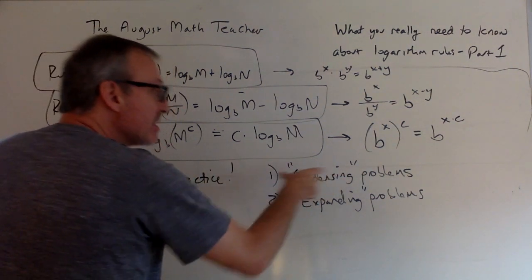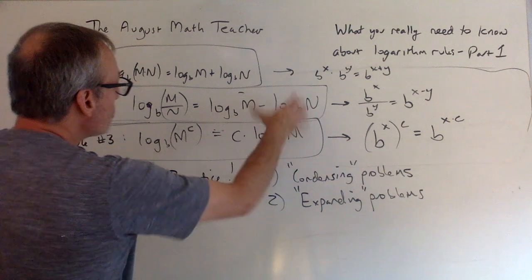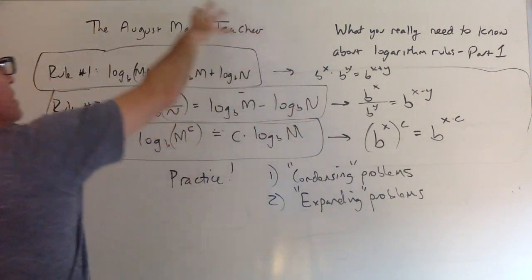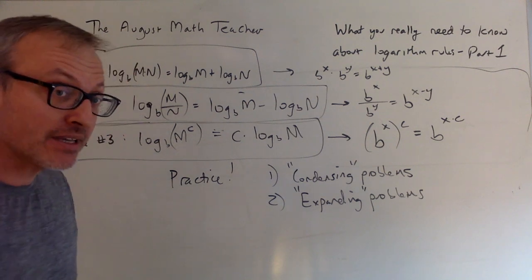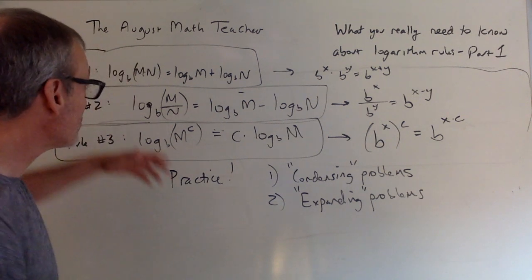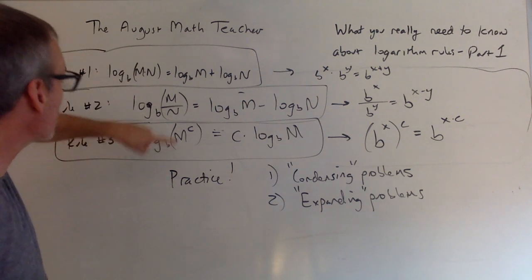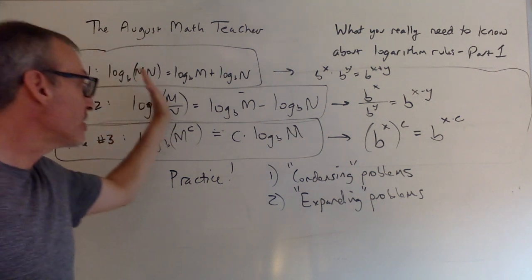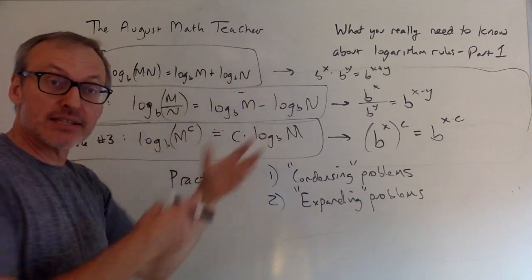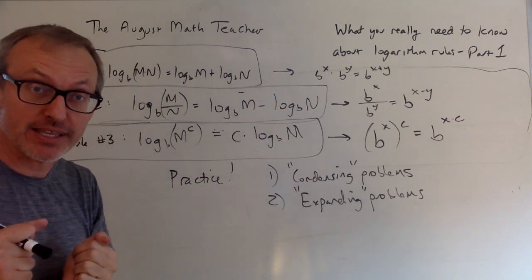What that means is these are just practice with moving from the right-hand side of these rules to the left-hand side. Expanding problems are the opposite. They're just problems that are built in order to make you take logs that are single logs and use these rules to turn them into something that's been expanded out, if you can see that.